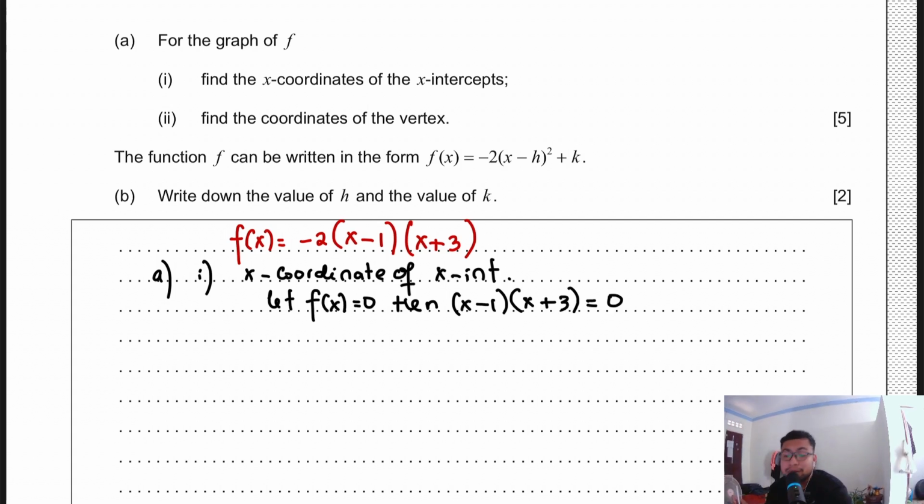We don't really care about negative 2, because if we equate negative 2, x minus 1 and x plus 3 to 0, we can divide both sides by negative 2 and it disappears. So the main things we focus on are x minus 1 and x plus 3. That means x equal to 1 or x equal to negative 3, right? This is the answer. So when they're asking about the x coordinate, you can just write x equal 1 and x equal negative 3, and that's all.